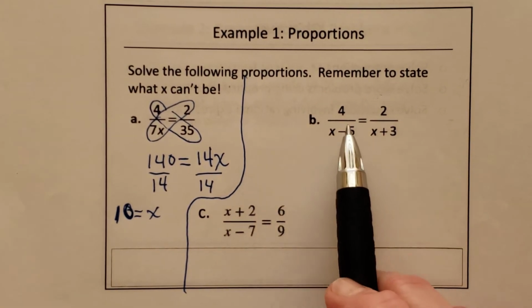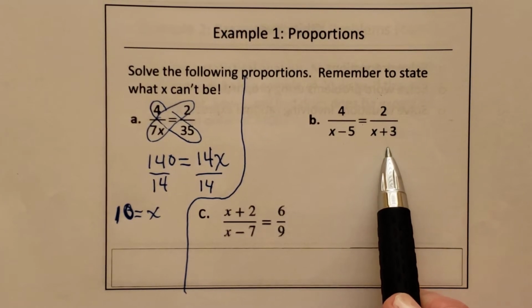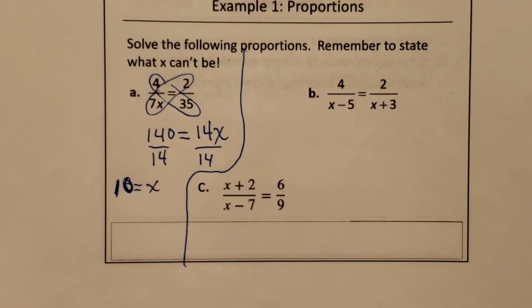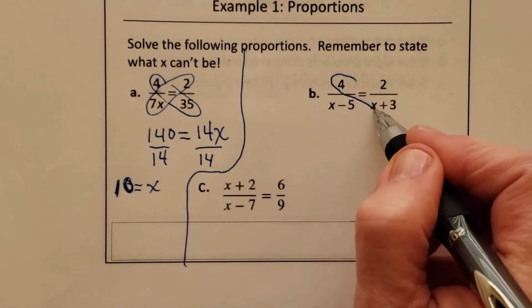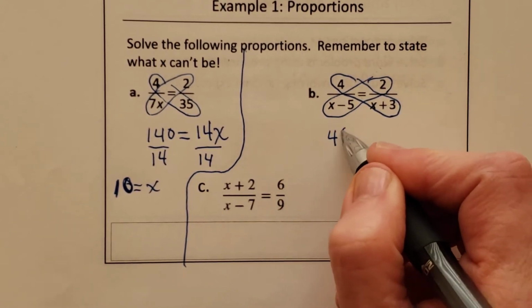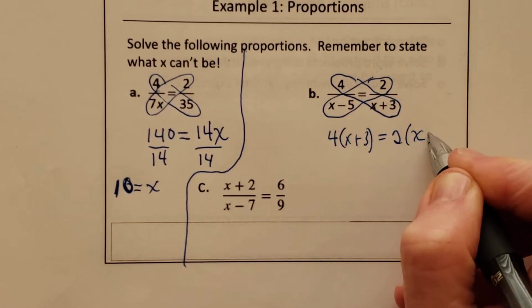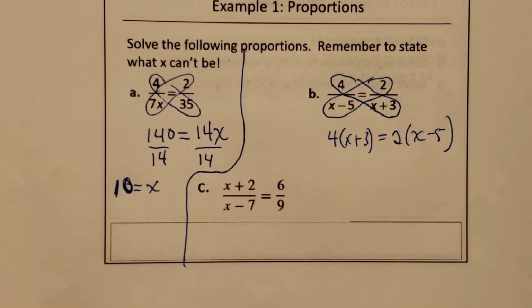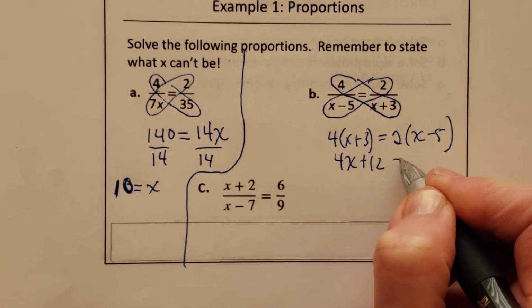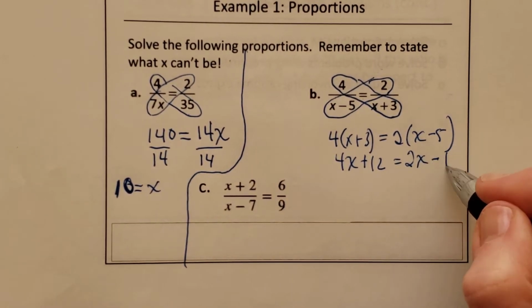So part B, once again, we have one fraction equal to another fraction. In other words, these ratios are equal, which means this is a proportion. So the same thing, we're going to cross multiply. Make sure we use our distributive property. 4 times x is 4x, 4 times 3 is 12, 2 times x is 2x, and 2 times negative 5 is minus 10.